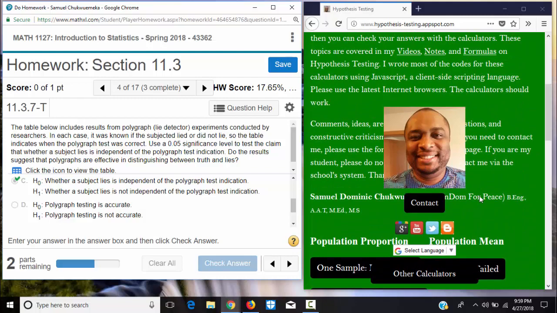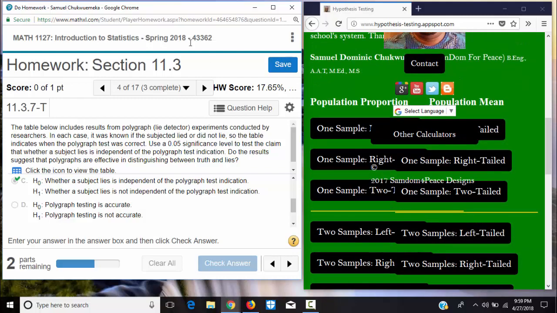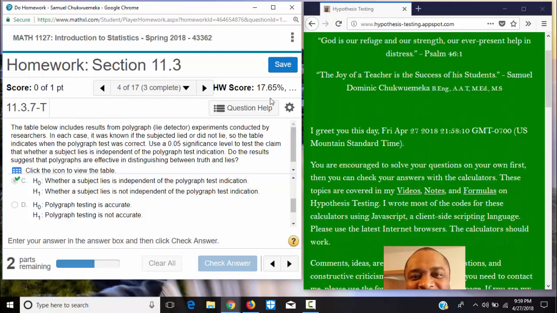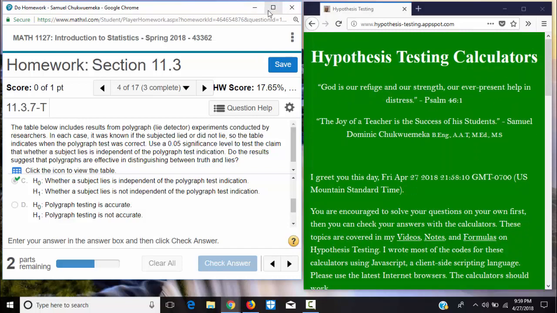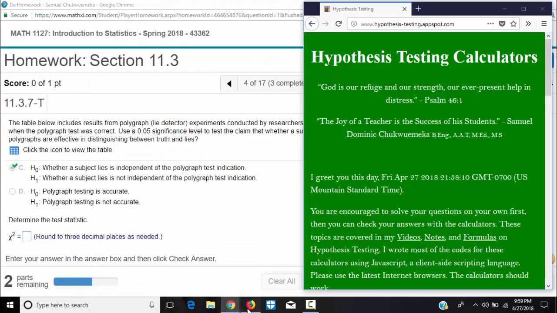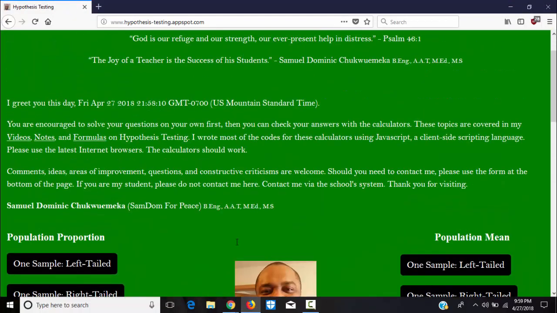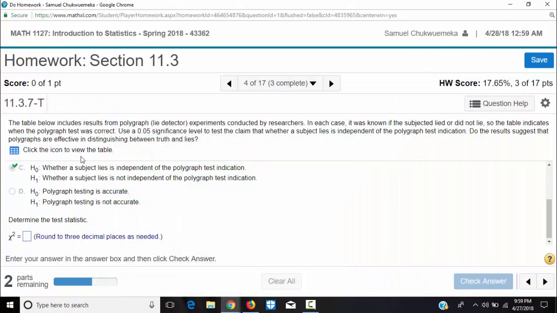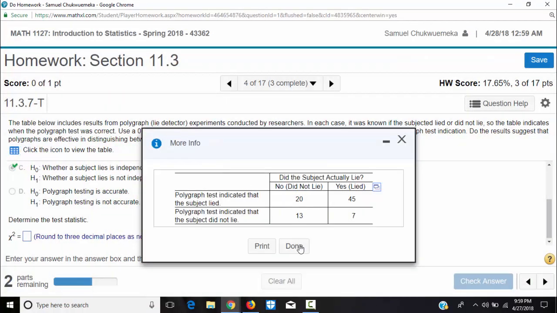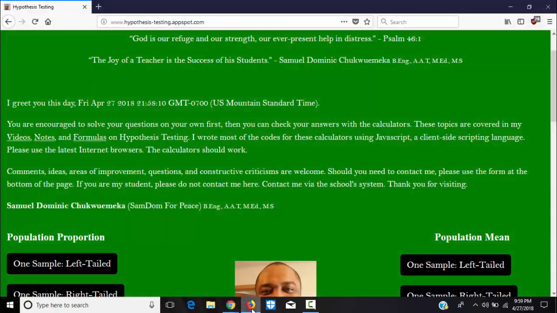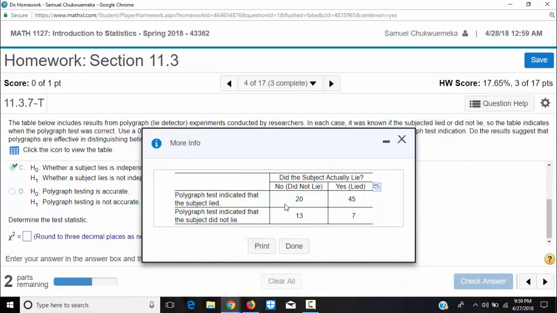This calculator will not work by messing with these two pages, so that's fine. I'm just gonna make this a big page. It's better to work just by itself. So let's click on the icon to view the table, and this is what we're gonna put in.